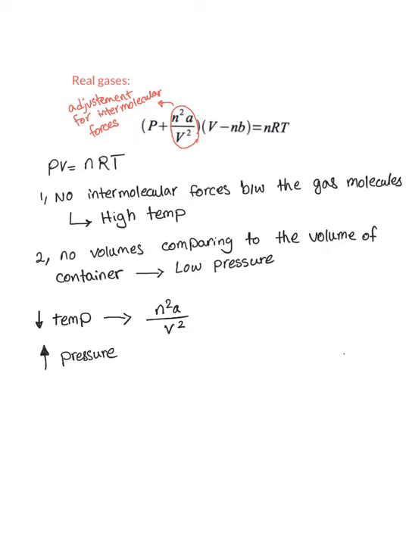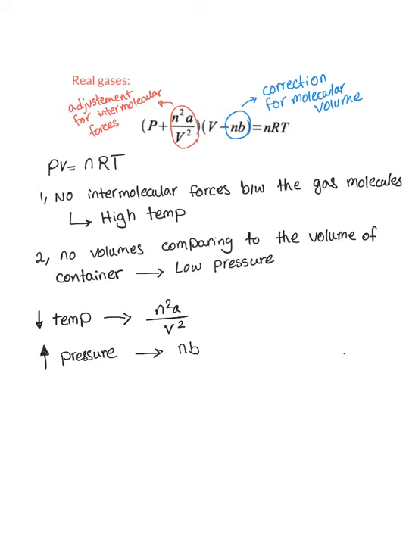So the term nb, as you can see in the formula above, is subtracted from the ideal gas formula, as a correction for molecular volume.